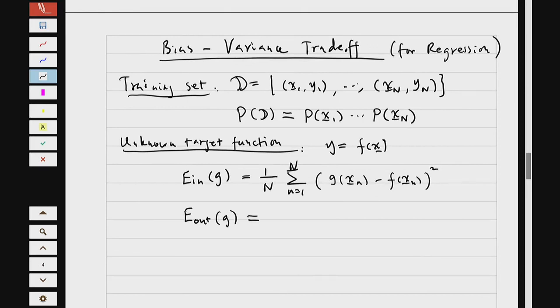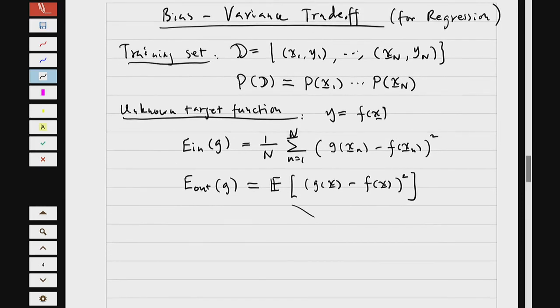Again, for any given data point we have an error, but we don't know which data point we get. The data point for testing is randomly chosen. So again, we have to look at the expected value of that test error, so the expectation of (g of x minus f of x) squared.